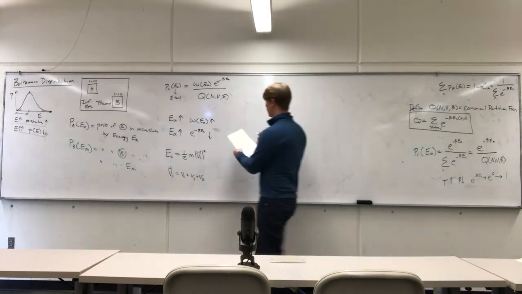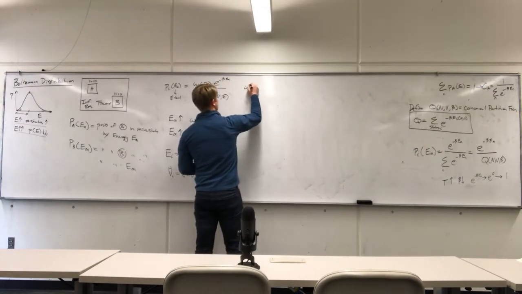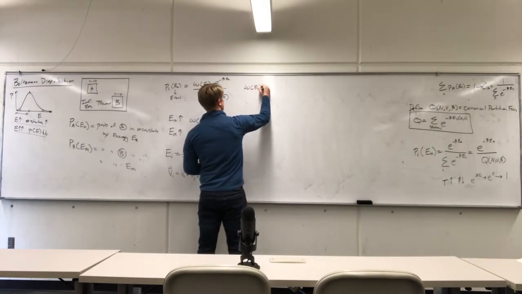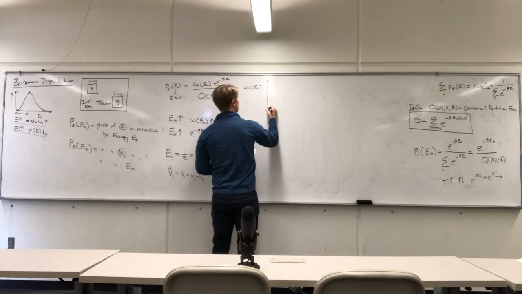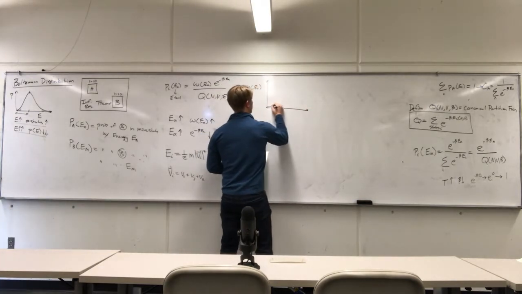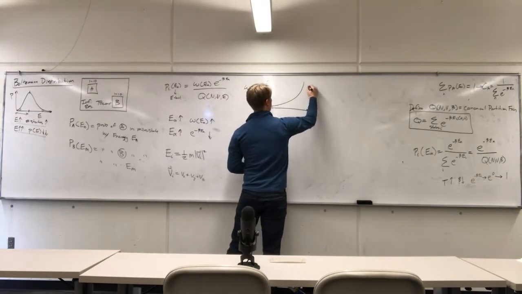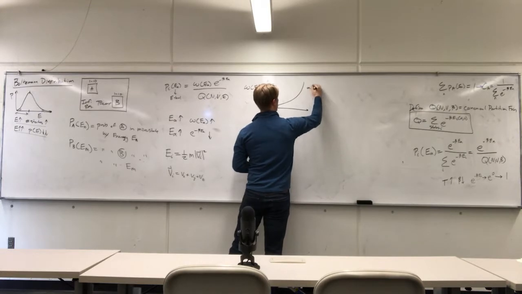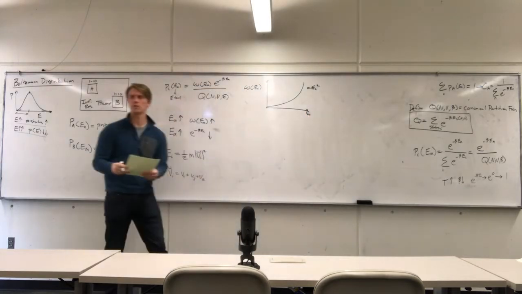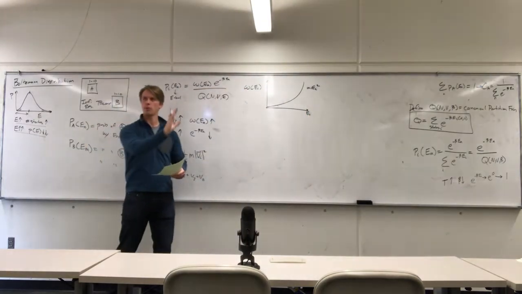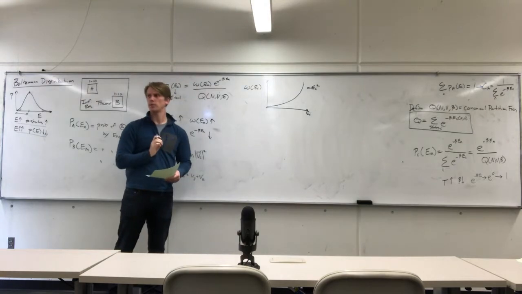Which means that if we were to look at the degeneracy, this is going to increase proportional to the energy squared. So you're going to have more and more states as you increase.